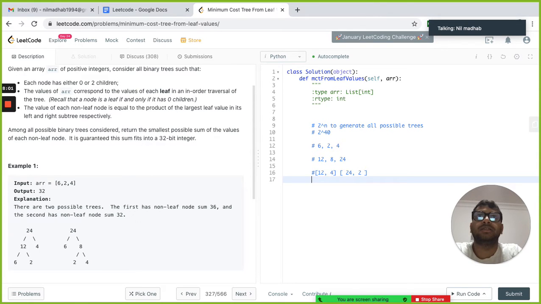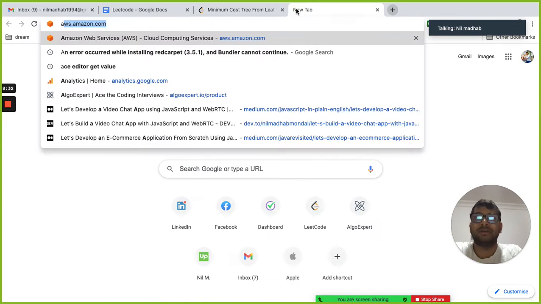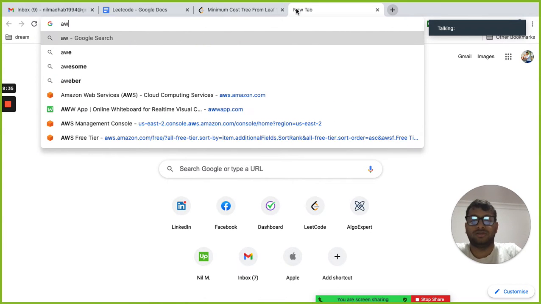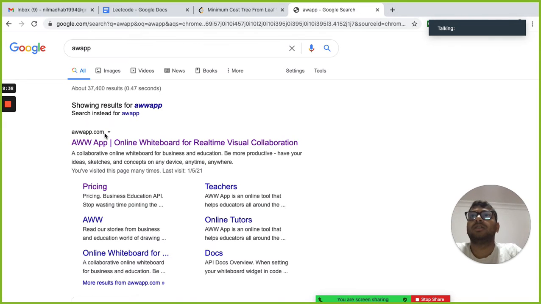And then you can have 48. If you have these two nodes as the leaves, then you have to make a 12 node whose children will be 6 and 2, right? Or you can have a node 8 whose children will be 2 and 4.